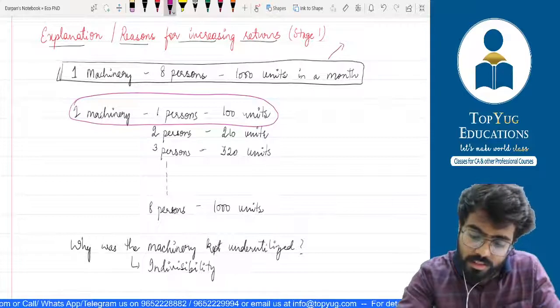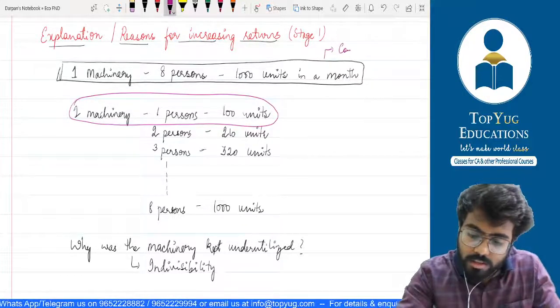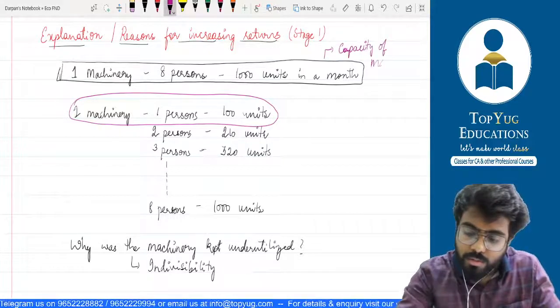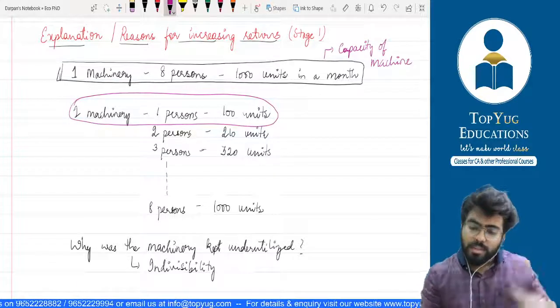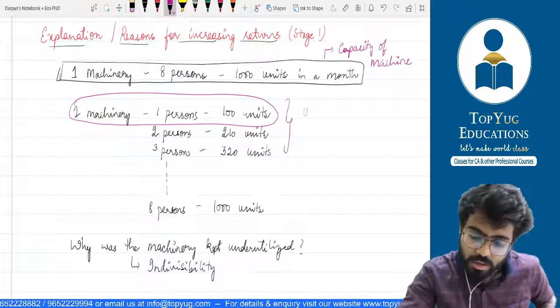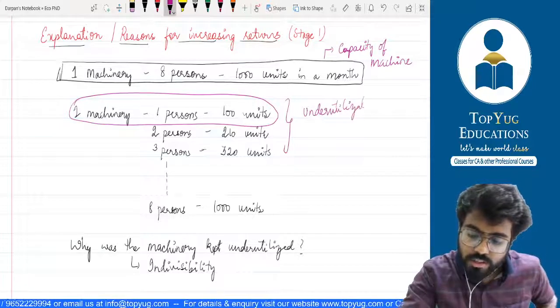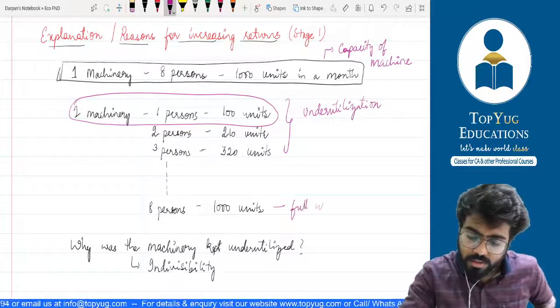So what is this? You can write down there also. This is the capacity of the machine. All these are underutilization. Your machinery is not being utilized properly. This is full utilization.